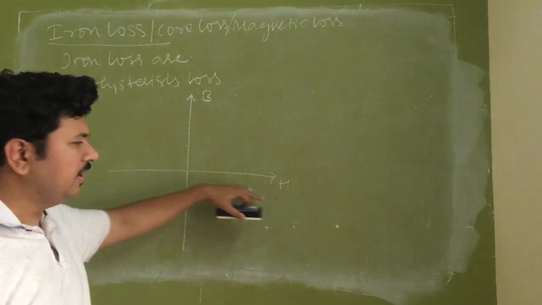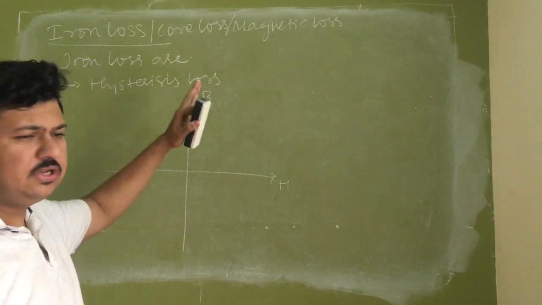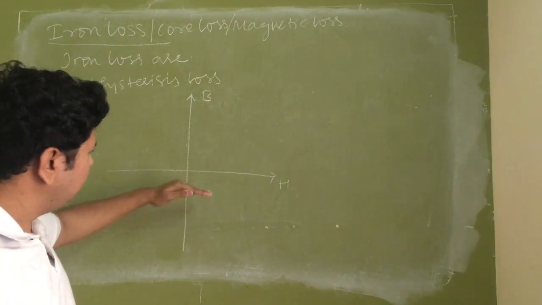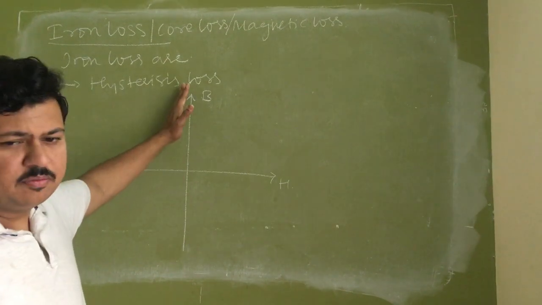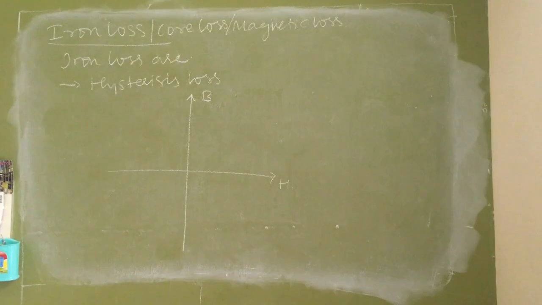As I increase the magnetizing force, the magnetic flux density increases. It means that as I increase the magnetizing input, I get magnetization of the material. That is the understanding.